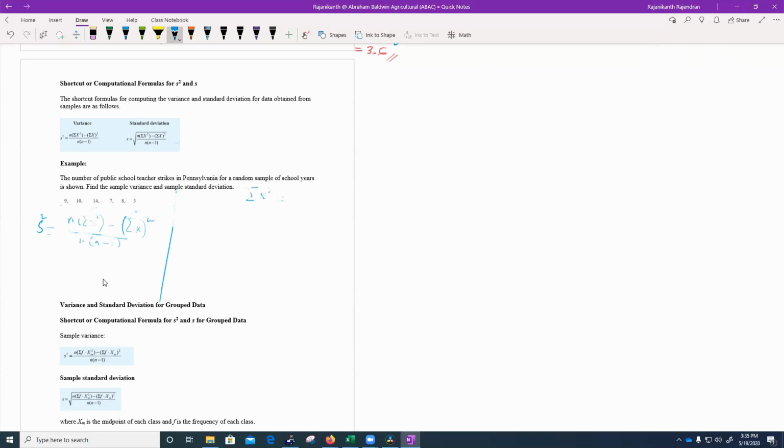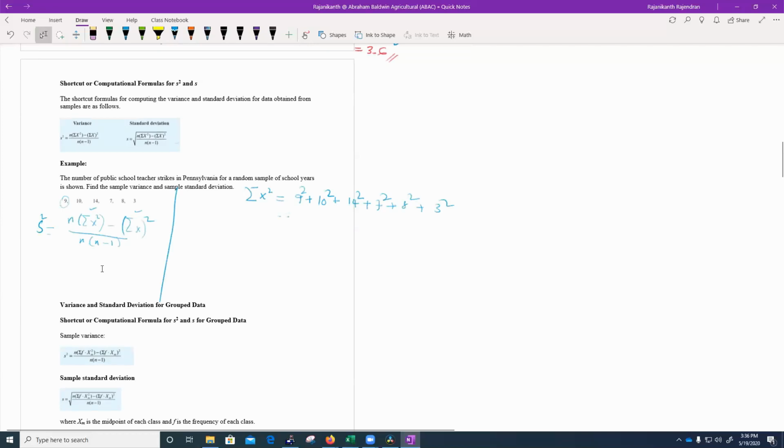This means you are summing the squares of all your data values. x stands for your data value. If you look at your data set, my first data value is 9, so 9 squared. Then sum over all the data values with the square. The second data value is 10, so 10 squared. The next one, 14 squared. Next, 7 squared, 8 squared, and 3 squared. So this is my summation of x squared.